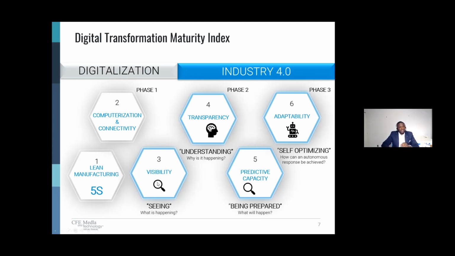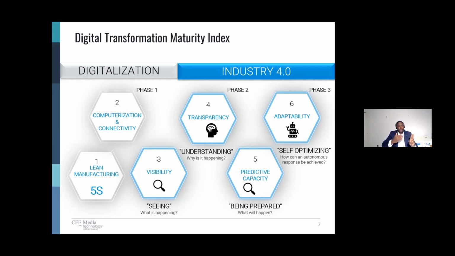Now we move on to visibility, transparency in phase two. And then also phase three would be predictive capacity and adaptability. When we think about adaptability, that means that we have an autonomous response. An autonomous response is achieved without human intervention.